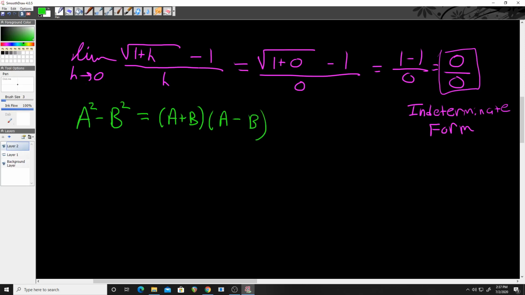Notice here in the expression on top, our numerator, we have something minus something. So in other words, following this form, a is like the square root of 1 plus h, and b is like 1.